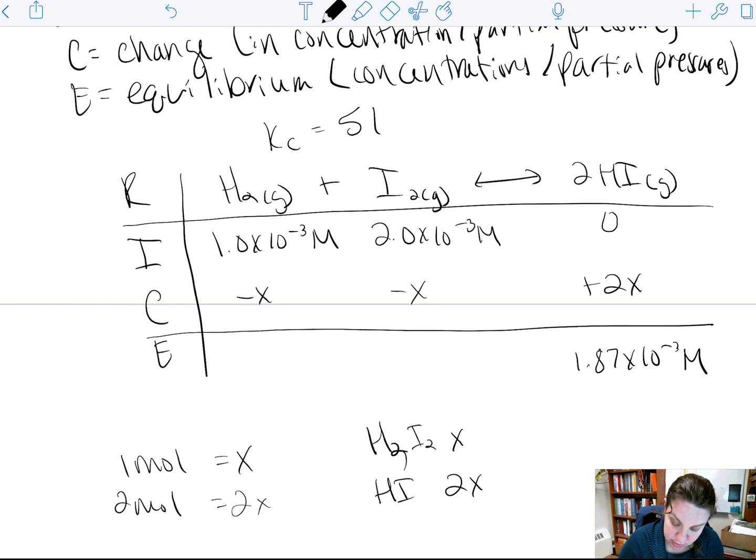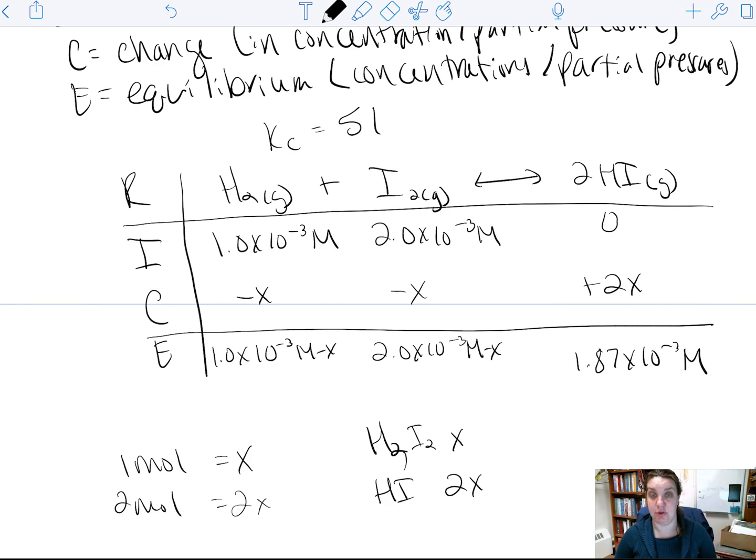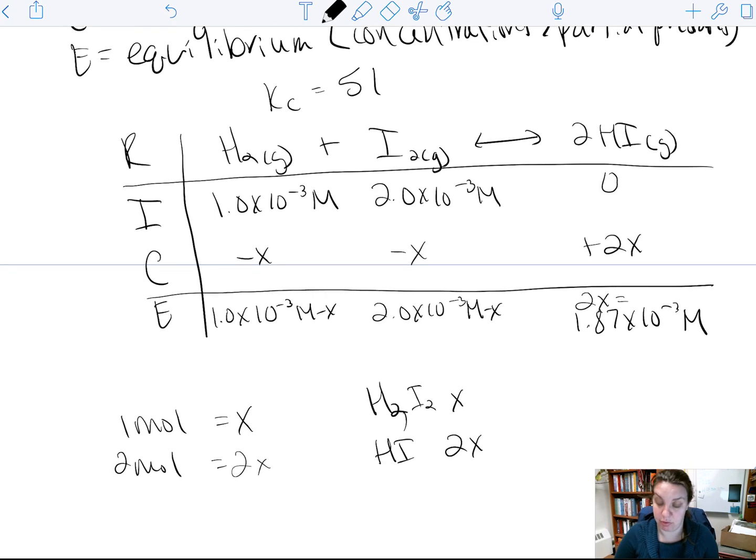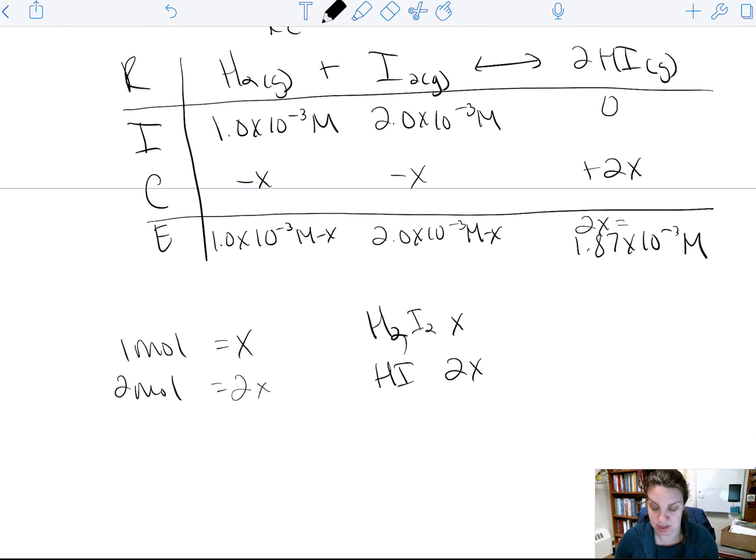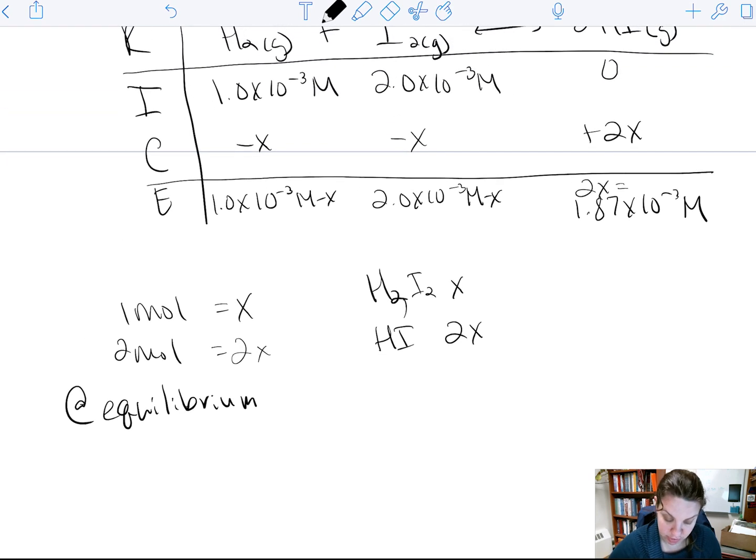And then our equilibrium will be 1.0 times 10 to the negative 3 molar minus x for H2, 2.0 times 10 to the negative 3 molar minus x for I2, and then our 2x is equal to 1.87 times 10 to the negative 3 molar for our HI. Okay? So at equilibrium, we have the following concentrations.